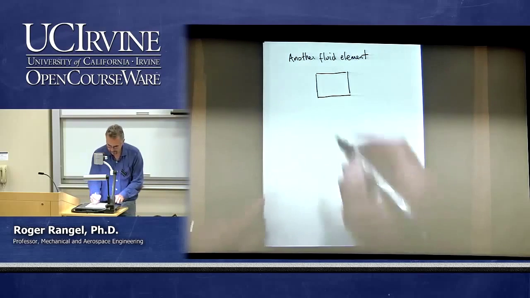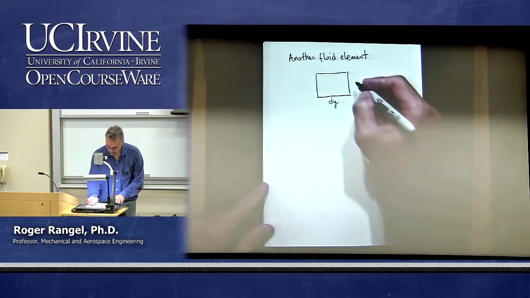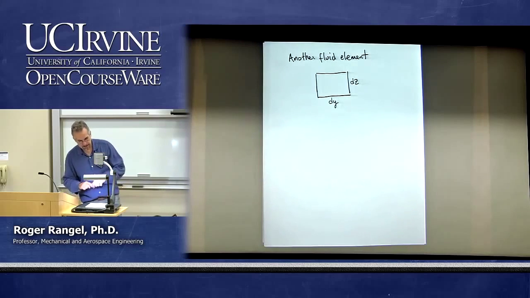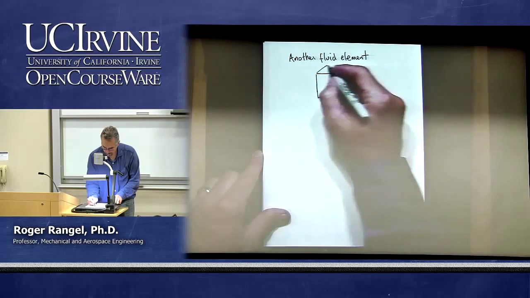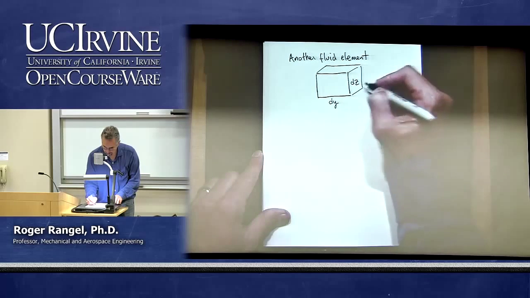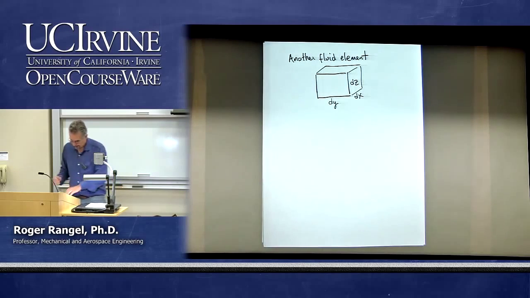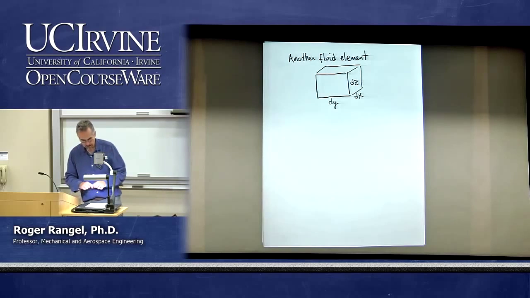Right? So let's say that it's dy in this direction, dz, like we had it there before, and of course dx, if I draw it in 3D, then I would also have a dx. And I'm going to do the same thing. I'm going to consider a force balance on this element.